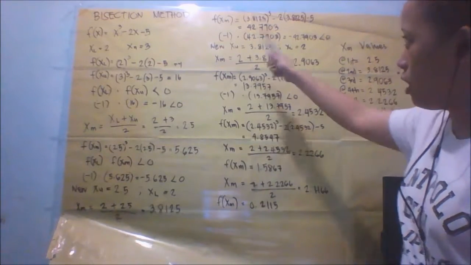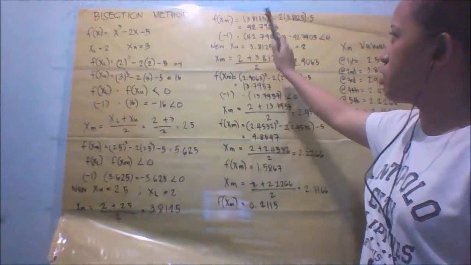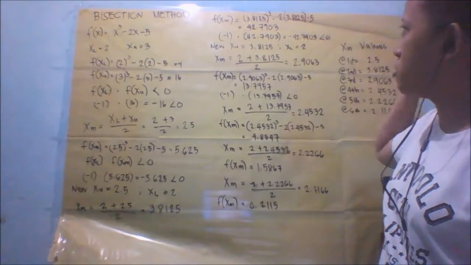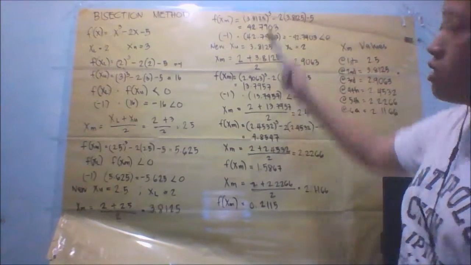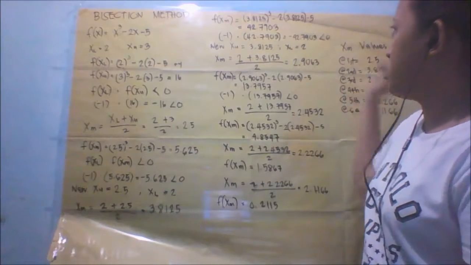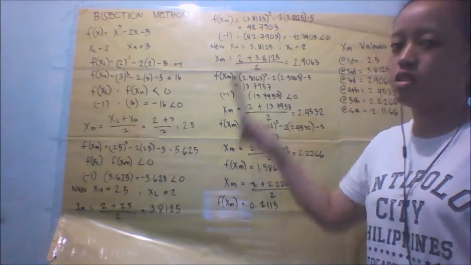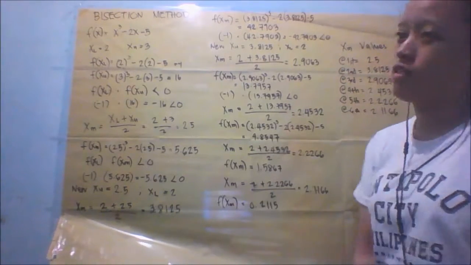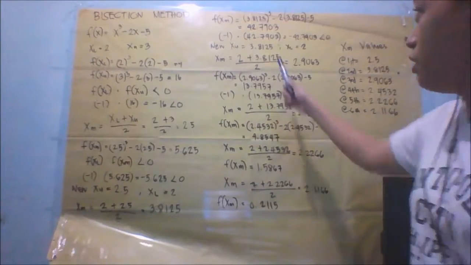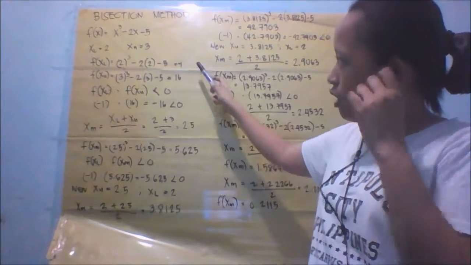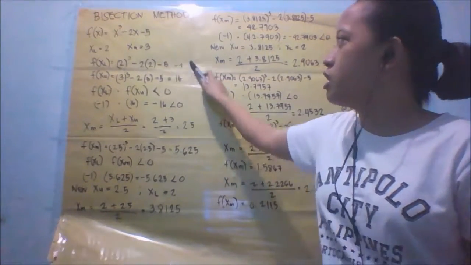So we have here negative 1 times 42.7903, which is equal to negative 42.7903. It is less than 0 because it is negative. So you can see we have here our value of f of xl, negative 1.